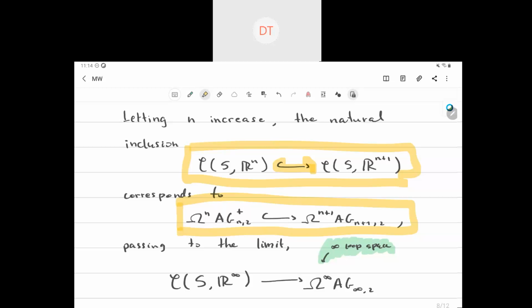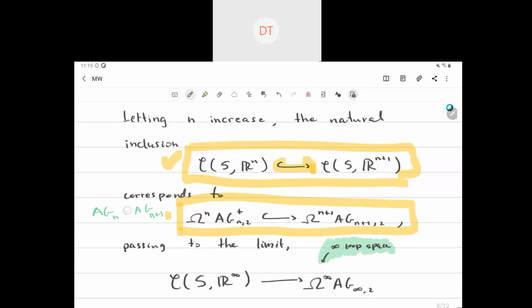Right? Again, this one is very clear. For this one, I'm not giving you the details right now. One way to construct it is to produce a map from, sorry, I'm dropping all the extra stuff, N plus 1.